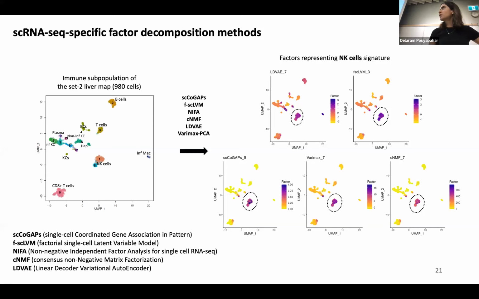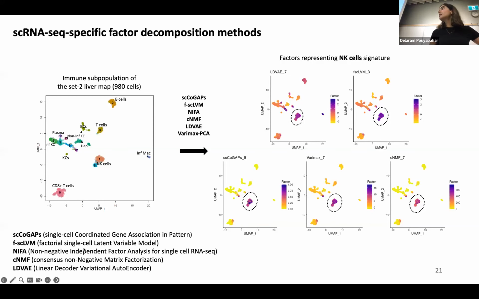So they use gene ontology gene sets as the incorporated information. NIFA is another single cell specific matrix factorization method that tries to mix ICA and NMF. So this is also interesting to explore.